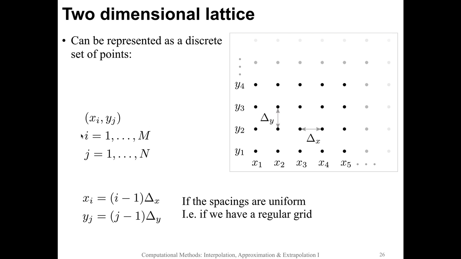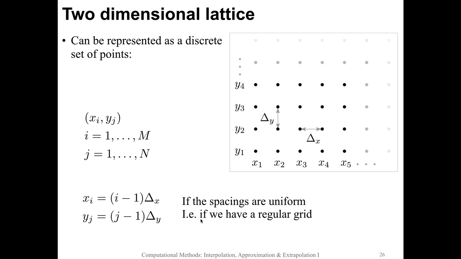In this case, we're assuming that i can range from 1 to m, so there are m possible x locations, and j can range from 1 to n, where there are n possible y locations.